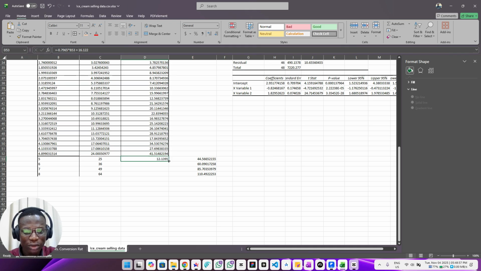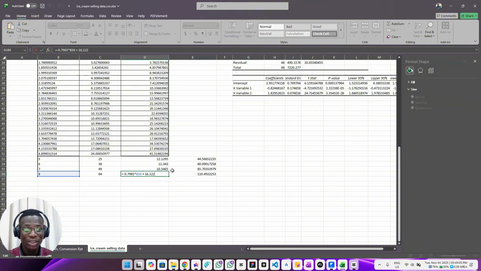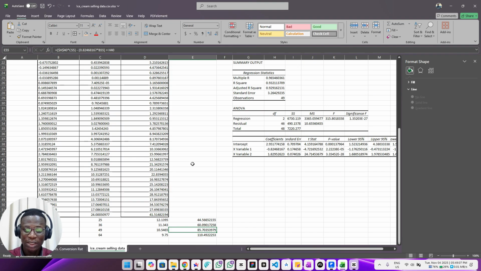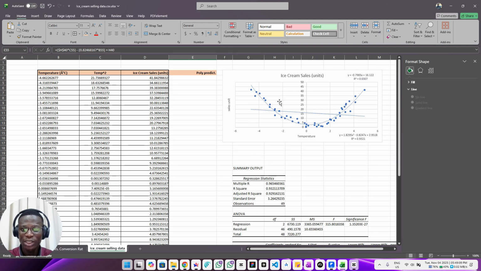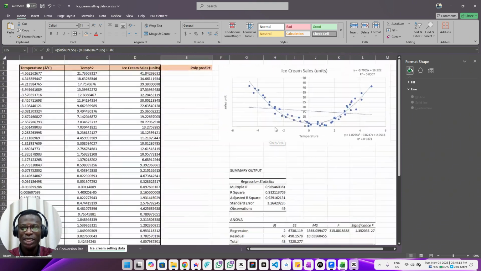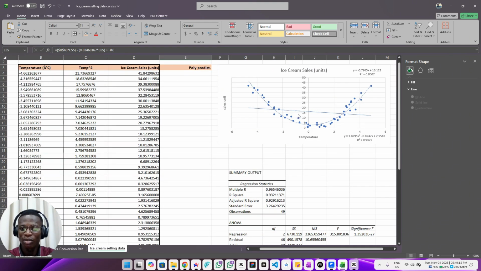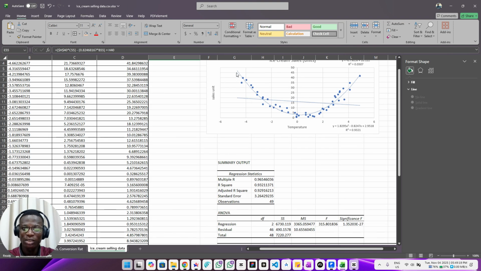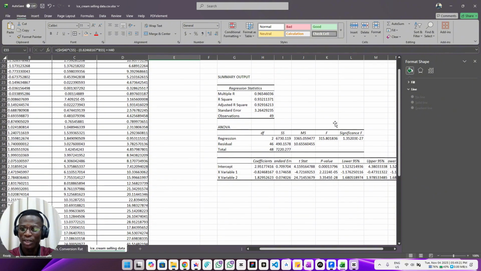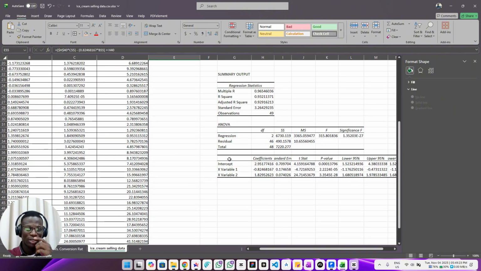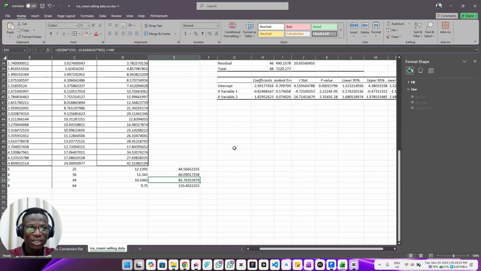Oh, I see. It is an enormous difference. It's less than 1%. But with our polynomial regression, we got to 93%. So in a situation like this, where our model can't use a straight best fit line, then we use a polynomial regression. Okay, thank you everyone for your attention.